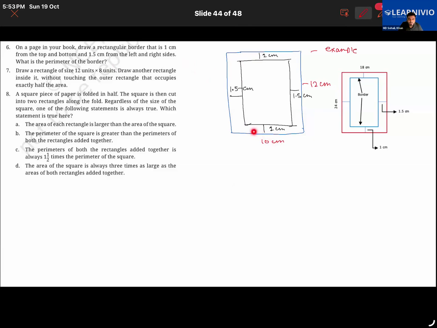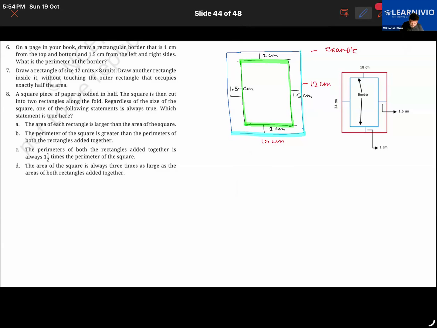Then we are required to find the perimeter of the border. This border, the one I'm going to highlight in the green color, that's the border. So how do we find the perimeter? Because the dimensions of only this edge and this edge are given. Any idea what we are supposed to do here?